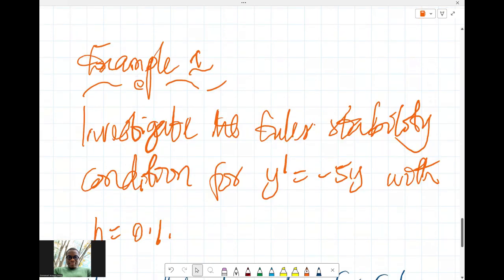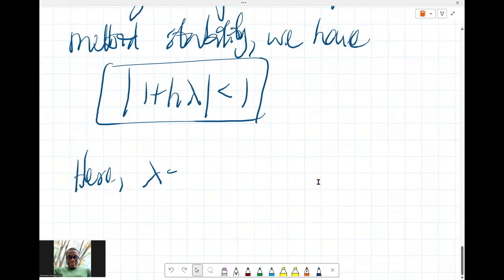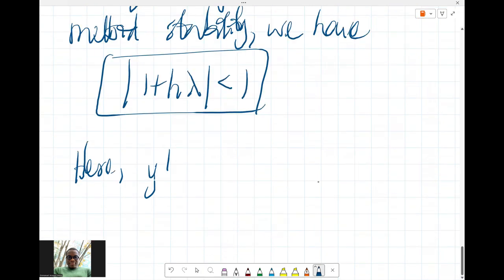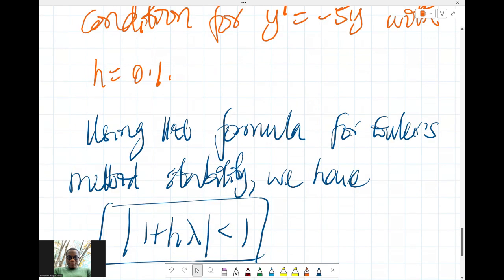The function we have in this case is y prime equals f of x, y, which is equal to minus 5y.